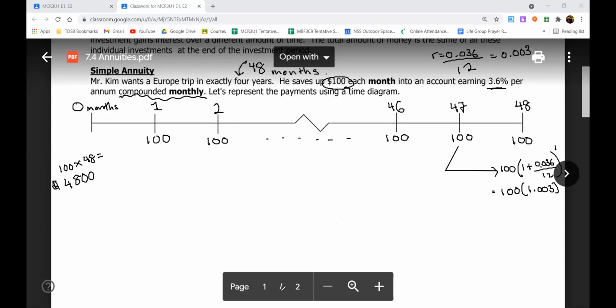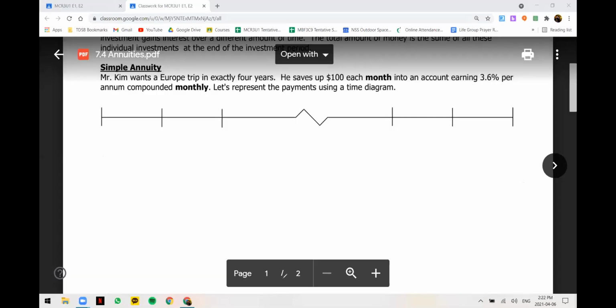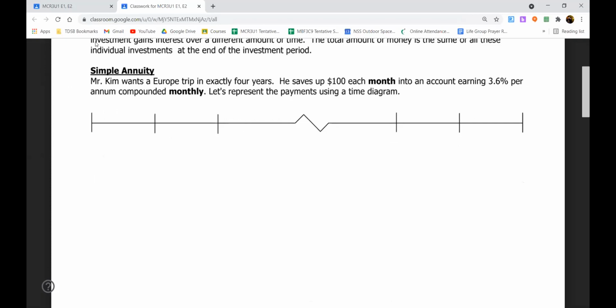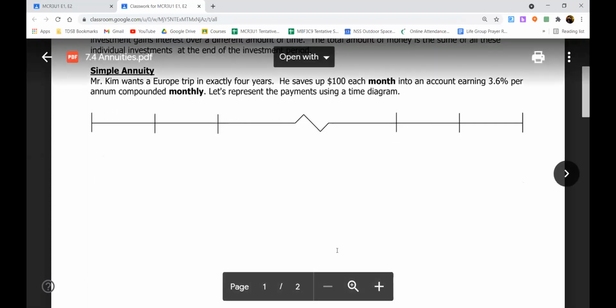Uh-oh. Oh no. Why is it not writing anything? Yeah, Noah, I am writing something on the screen. Everyone else can't see it either?